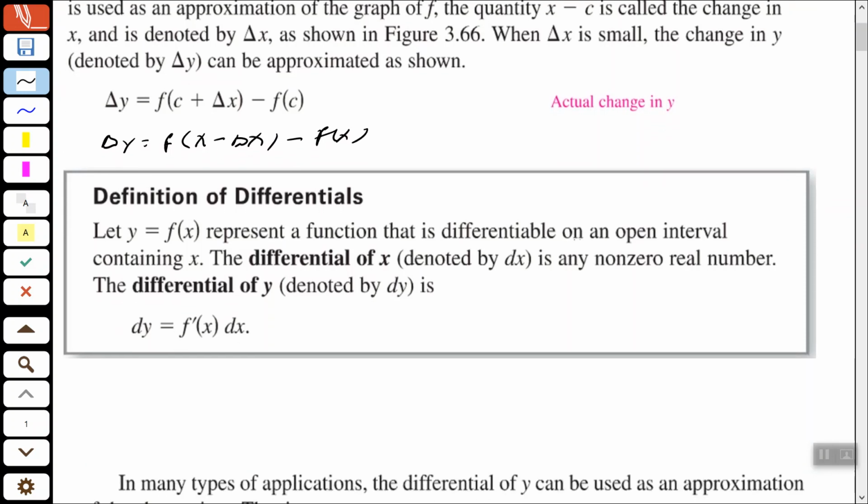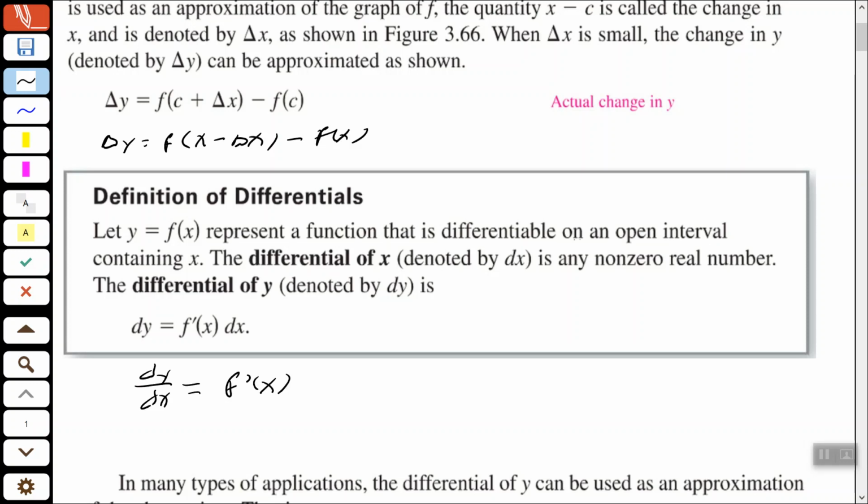All right, so the definition of differentials. This is the change in y, which is what we just defined there. If we let y equals f of x represent a function that is differentiable on an open interval containing x, then the differential of x, denoted by dx, is any non-zero real number. The differential of y, denoted by dy. We've been looking at the first derivative f prime of x, and we've also said that we could use the notation dy/dx.